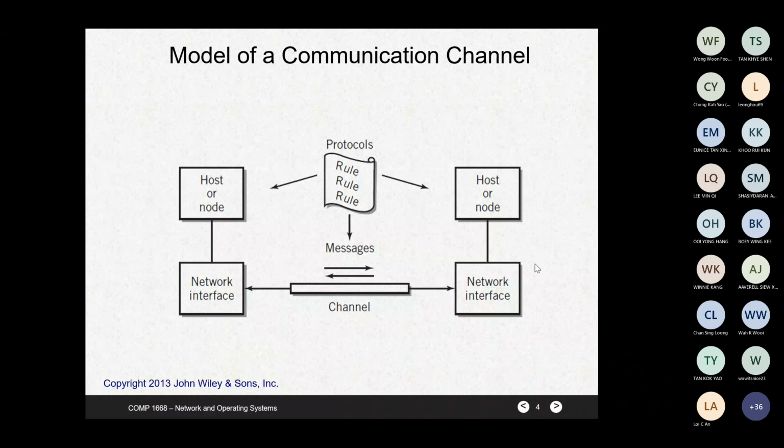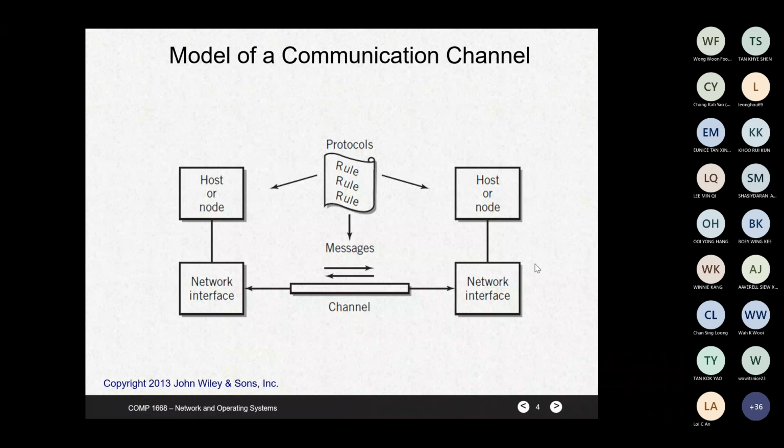For example, when you send a message from your phone to another phone, your phone is a host or node, and it has a network interface card, or what we call a network interface.